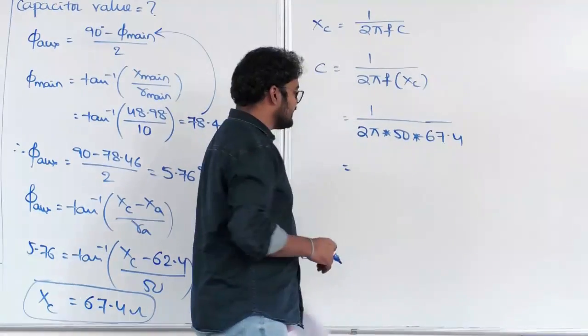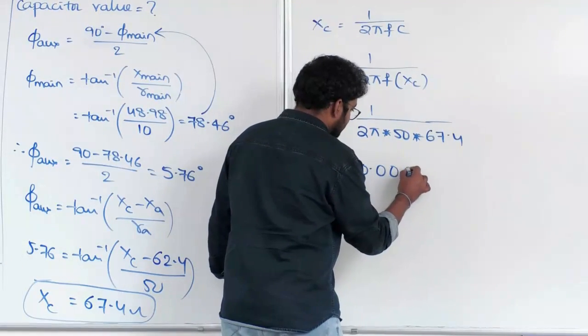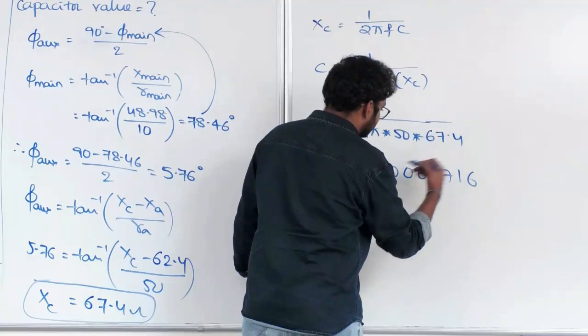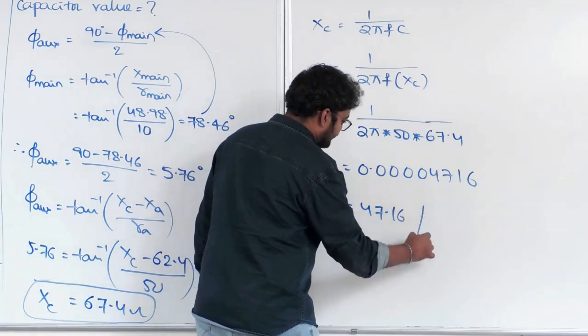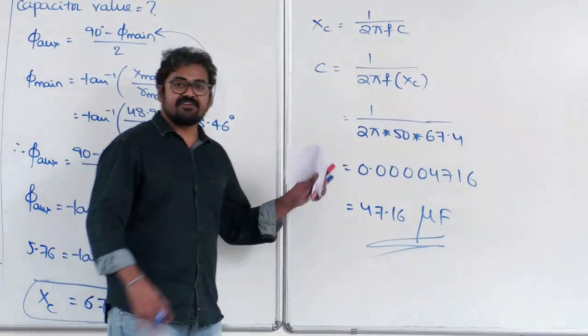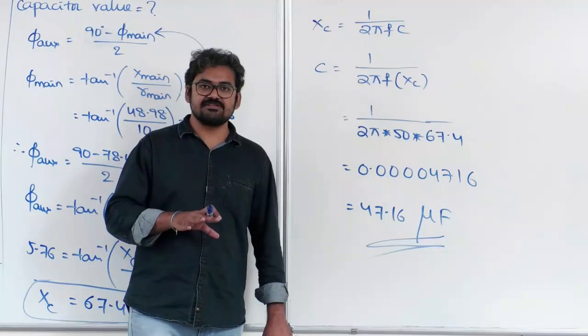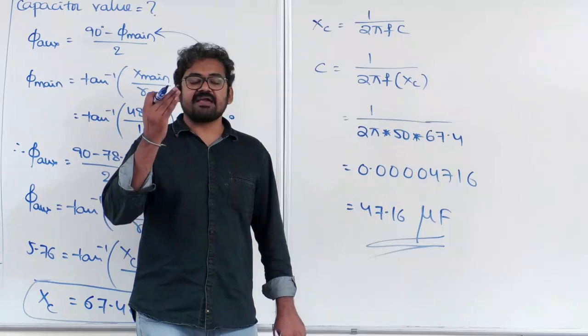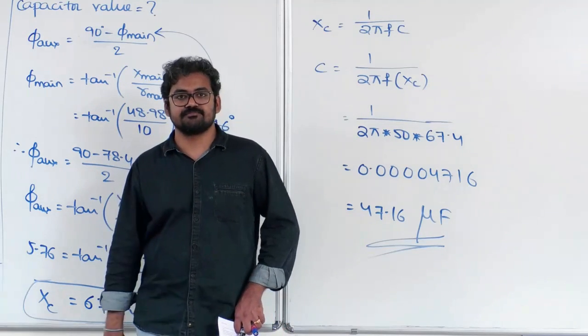If you use your calculator, this value will be 0.00004716, so ultimately you can write it as 47.16 microfarads. That is the value of capacitance we have to add in series with the auxiliary circuit, so that maximum torque can be obtained at the time of starting.